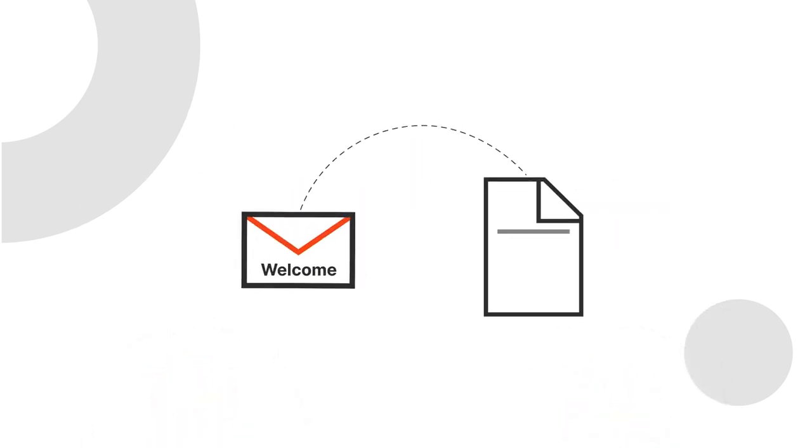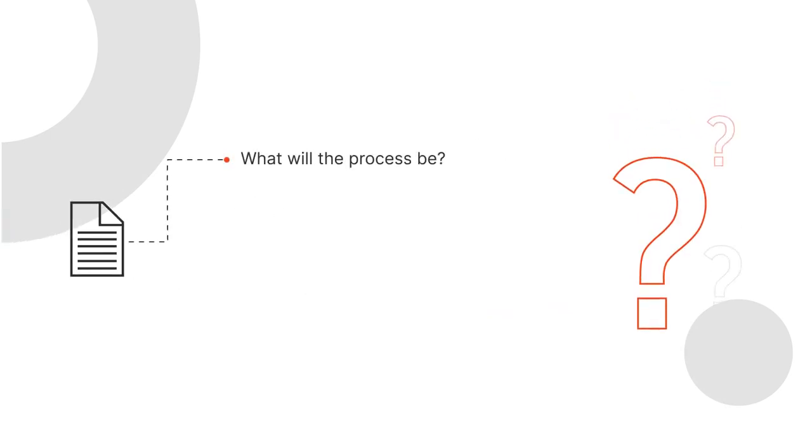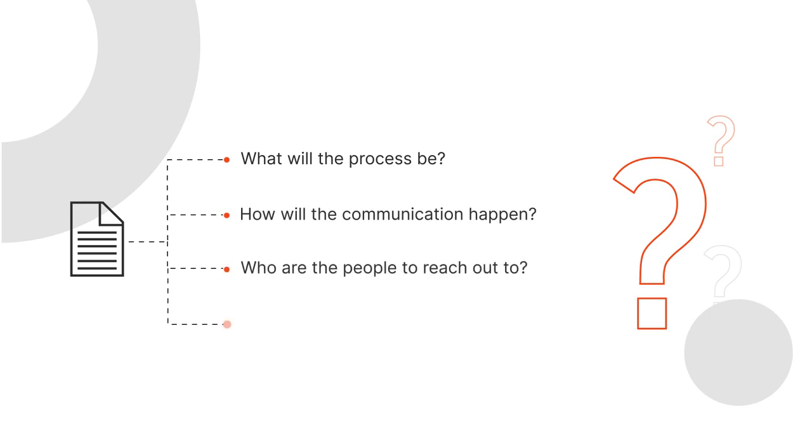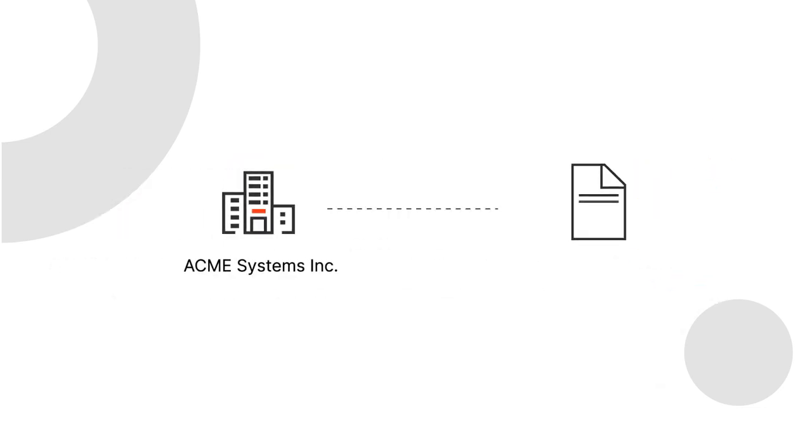This note provides information to all the stakeholders about the overall engagement. It explains how communication will happen, who are the people to reach out to, and the next steps in the implementation process. However, if you are part of an external organization, in this lesson you will find our welcome letter template, which you can use as such.